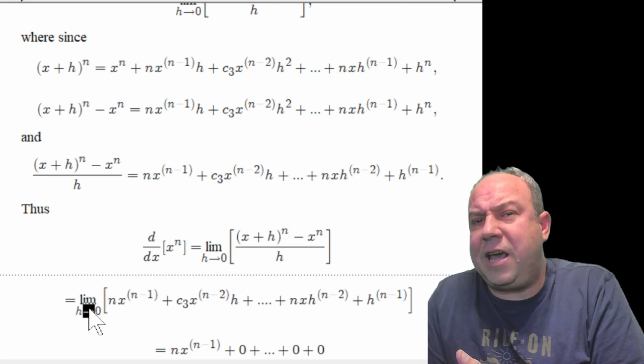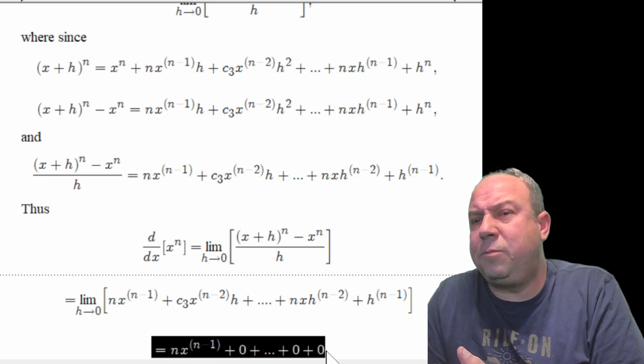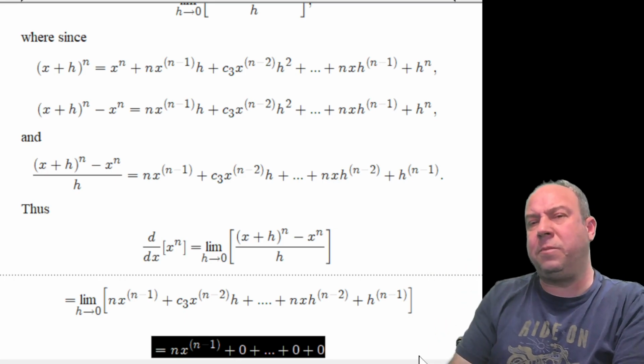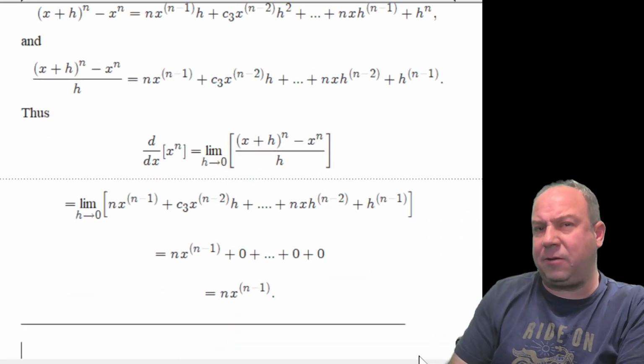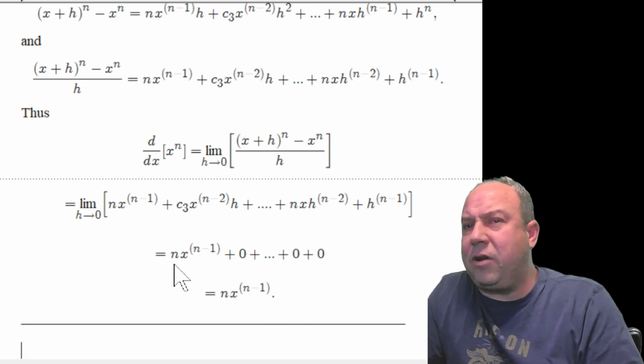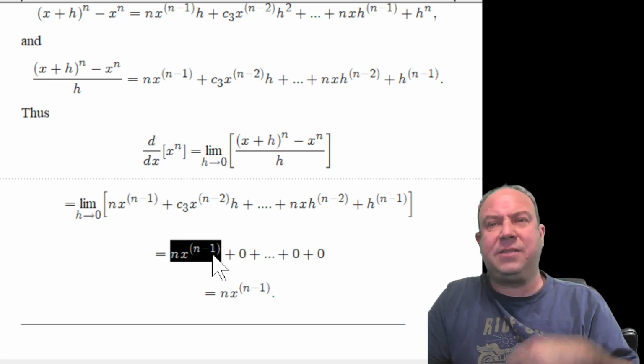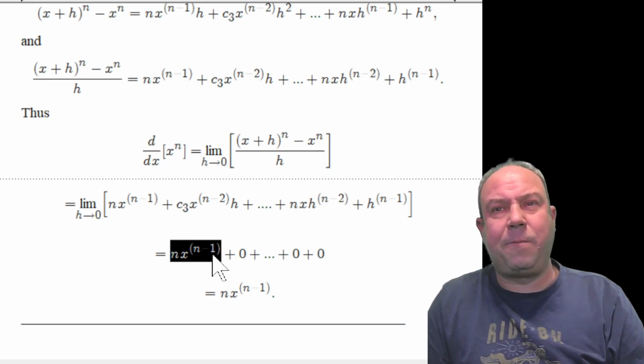And if h is going to head to 0 in the limit, then all of those terms, as substitution plays out, are going to turn into 0. Except for the very first term, it does not involve the value of h. And what is the very first term? It is going to be this term, n times x raised to the n minus 1 power.